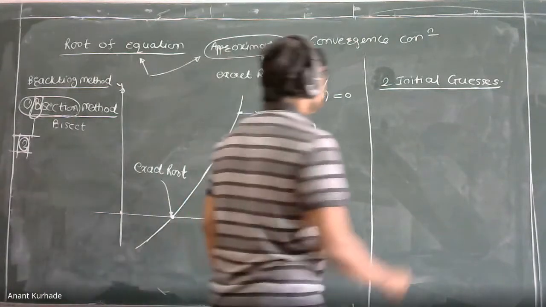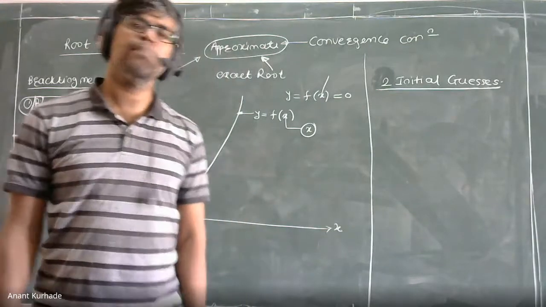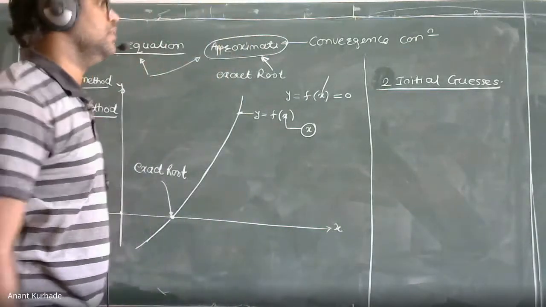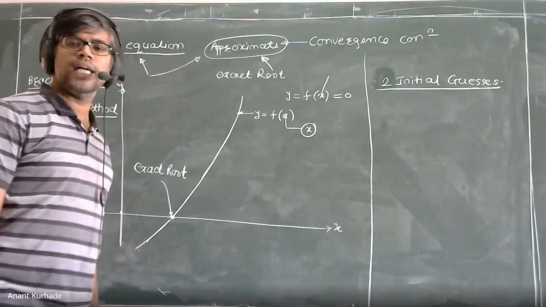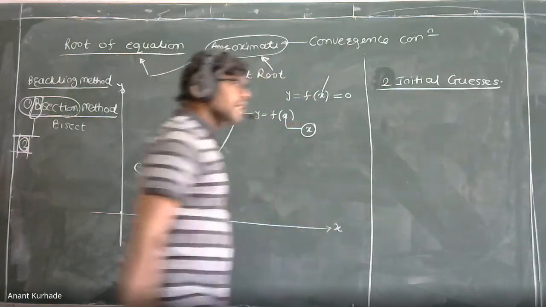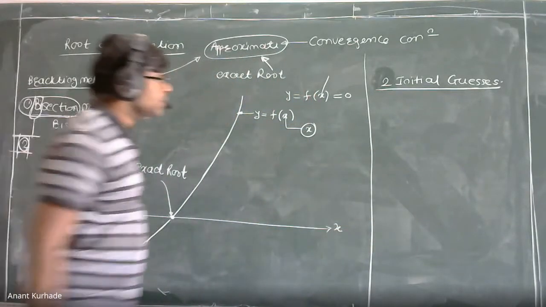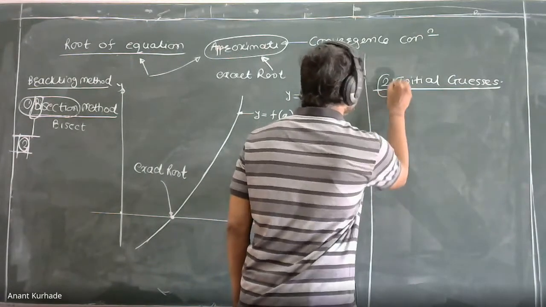Now, in the 2015 pattern question paper, there is a question on the bisection method. They are providing 2 guesses. In the problem statement, you already have these 2 initial guesses.